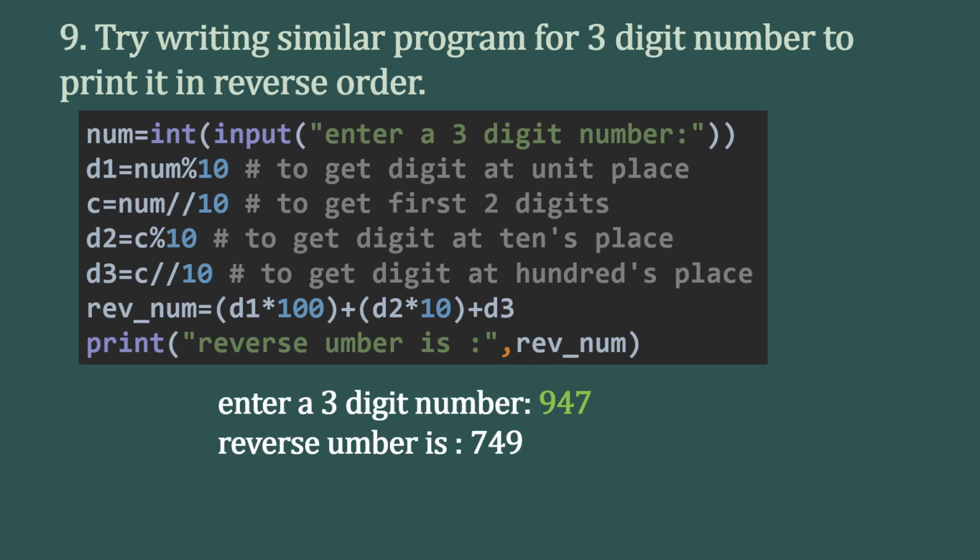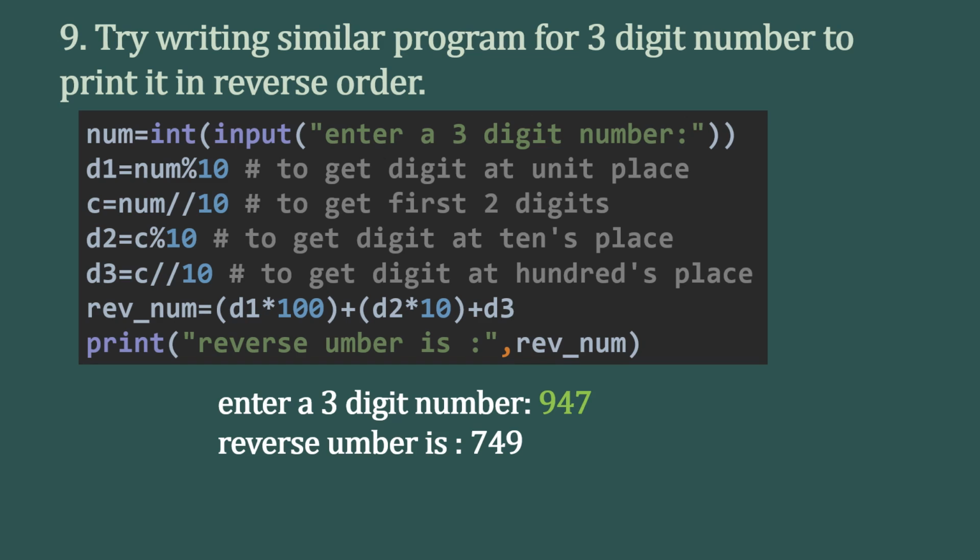It will ask you to enter a three-digit number, let's say 947 that you have entered. Now the reverse number is 749. How? 947, when it is divided by 10, gives the remainder 7, so that is your digit at the units place. Then 94 is the quotient. Now again divide the quotient by 10, 94 divided by 10, and you get the remainder 4, that is the digit at the tens place.